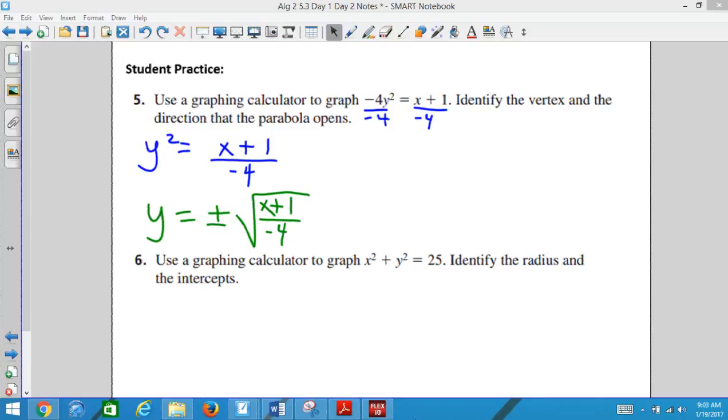Remember, if you have the fraction button, please use it because it'll make your typing a lot easier.